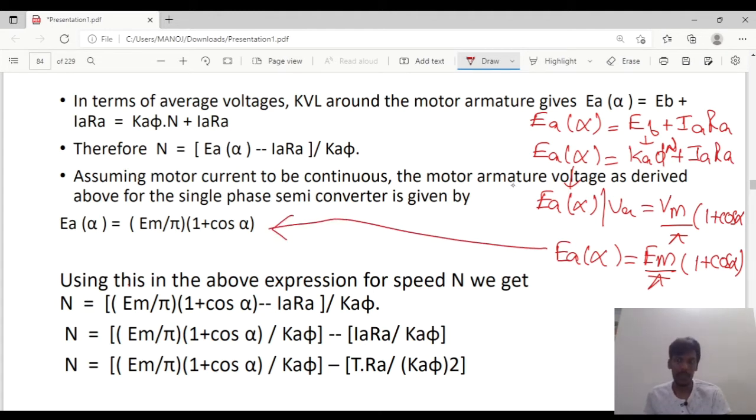The motor armature voltage of a single phase semi converter will be EA at an angle alpha equal to Em by pi (1 plus cos alpha). This I can substitute in the speed equation.